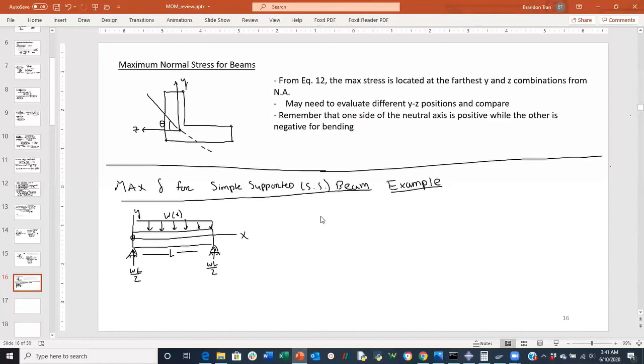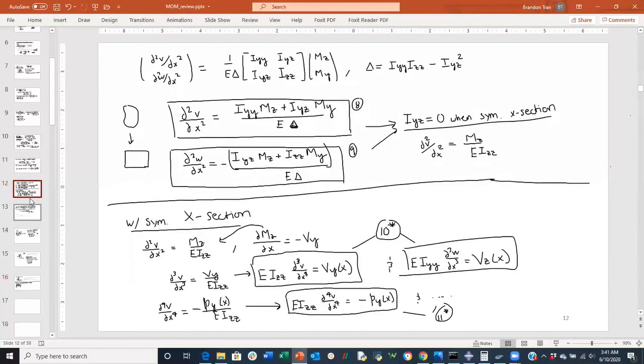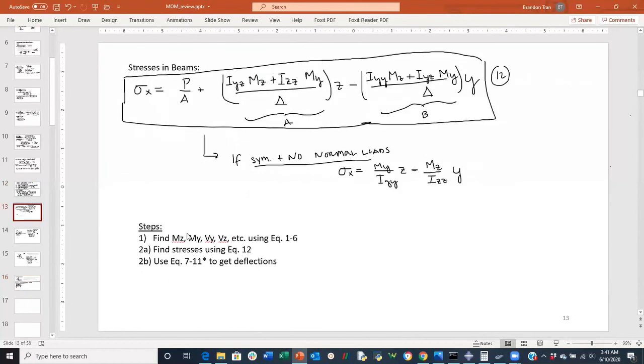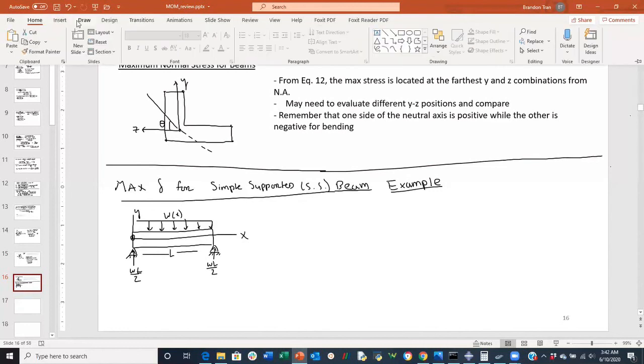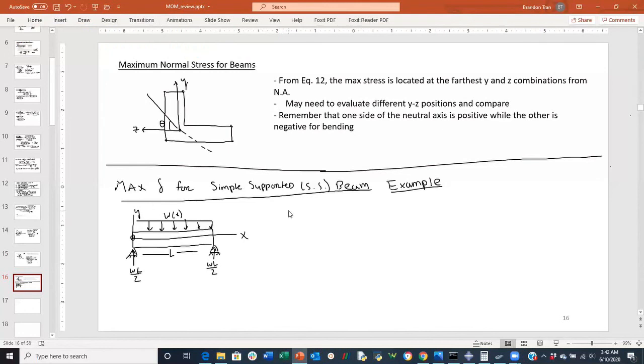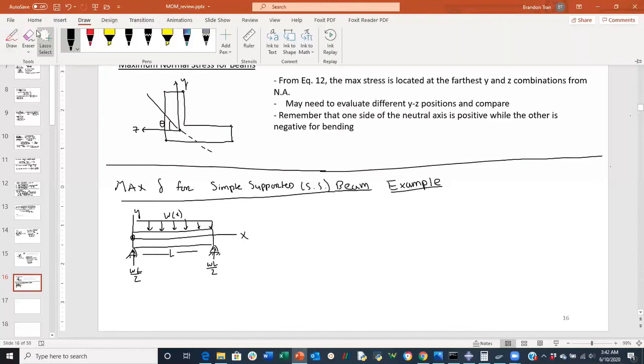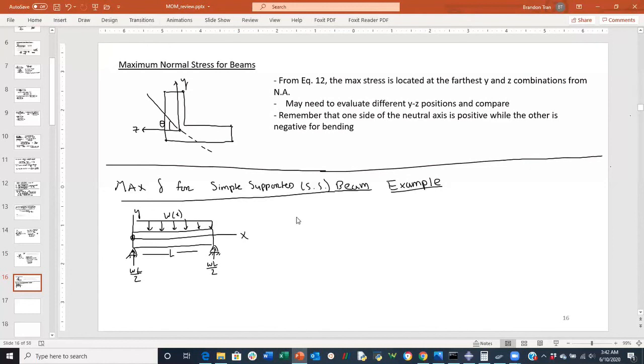So to find the maximum deflection of this beam, the first thing we need to establish is, let's go back to the steps I wrote over here. Let's go ahead and find the force and shear moments. So with W here, W is equivalent to a normal distributed load in the y direction.